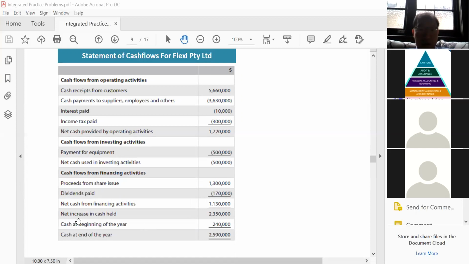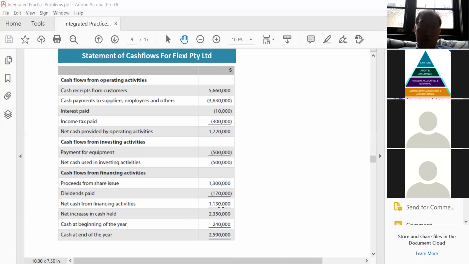And so this net increase in cash held, which is the result when you sum the operating, the investing, and the financing activities together, this number here has to be the difference between the opening and the closing balance for the cash account in the balance sheet, okay?